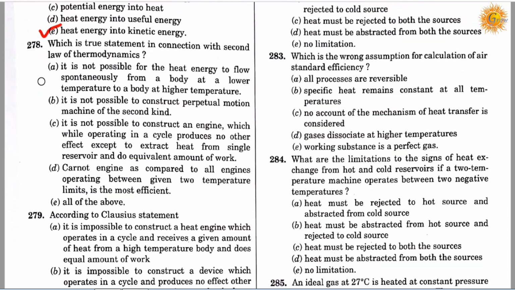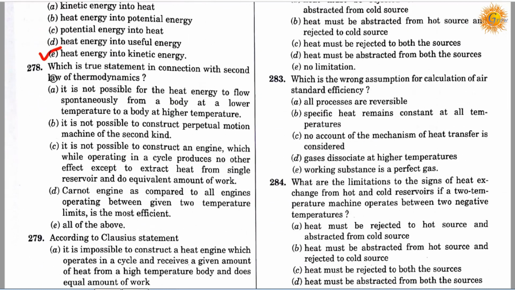Question number 278. Which is a true statement in connection with the second law of thermodynamics? Option A, it is not possible for heat energy to flow spontaneously from a body at a lower temperature to a body at a higher temperature. Option B, it is not possible to construct a perpetual motion machine of the second kind.